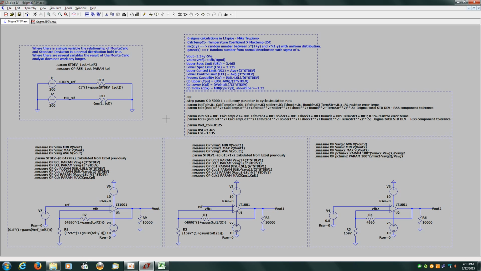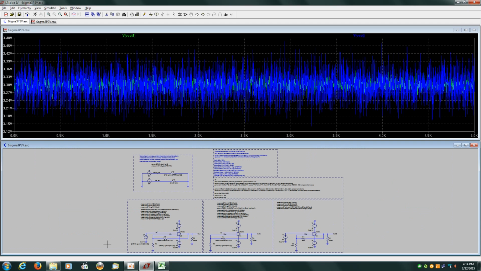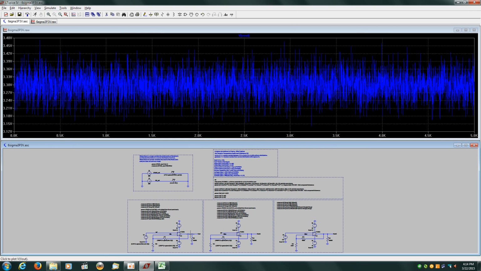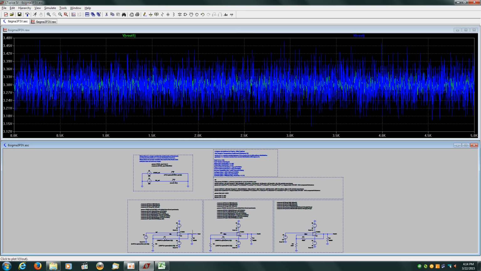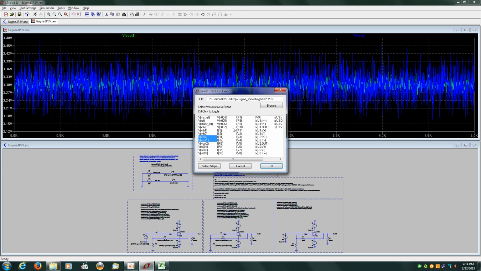So what I did was I ran it once with none of these things being calculated, and took the result of V out and V1, let's select both of them, and exported that to a file, and I already did that.